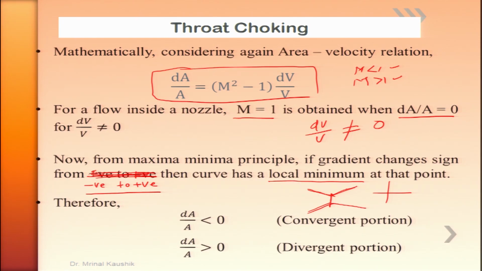In this condition, whatever mass flow is entering the convergent portion and passing through this throat, after a certain condition of pressure at the back side, which we call back pressure, this mass flow rate is maximum.